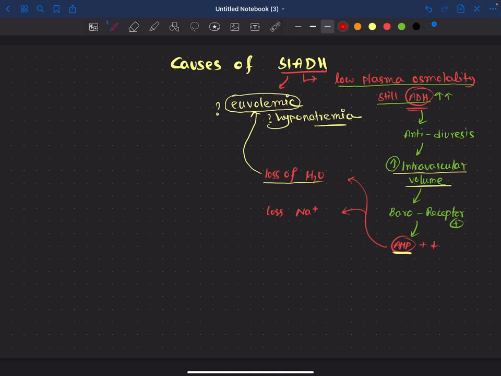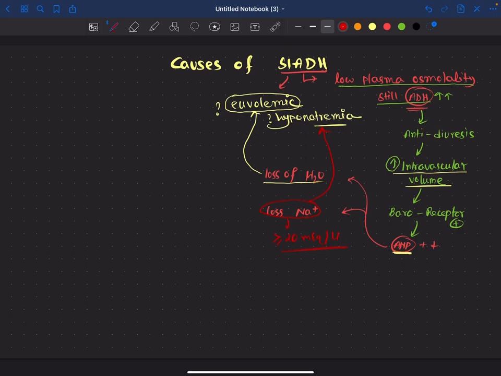Also there is loss of sodium happening, and this loss of sodium is going to cause hyponatremia. So that is the main funda here. Please do remember this loss of sodium is more than or equal to 20 milliequivalent per liter. It is the cause.